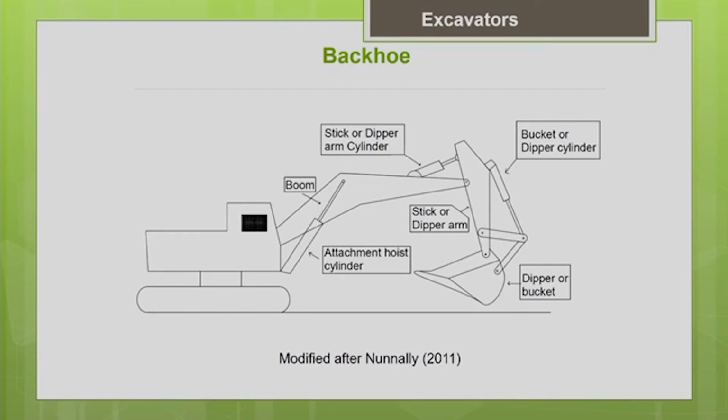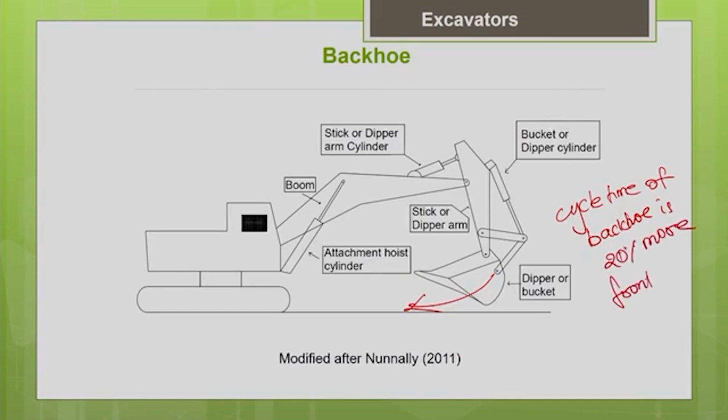It's similar to a front shovel. The only thing is the digging motion of the bucket will be in a downward direction. But one thing you have to note is that the cycle time of a backhoe is 20% more when compared to a front shovel.